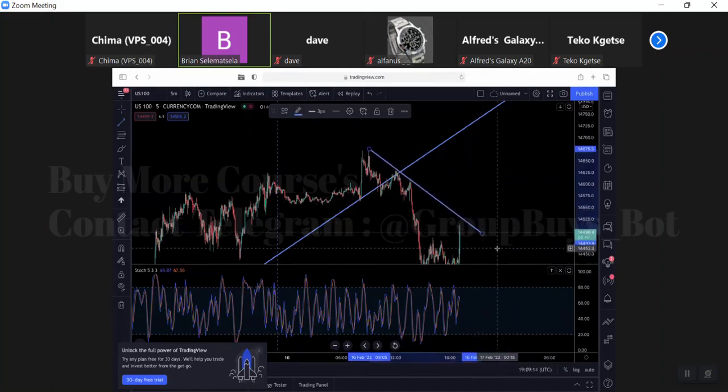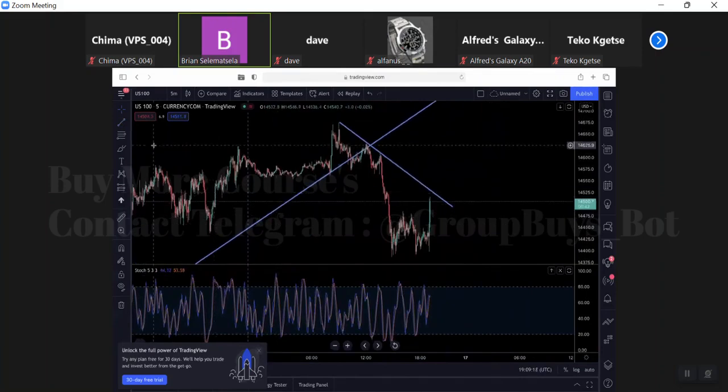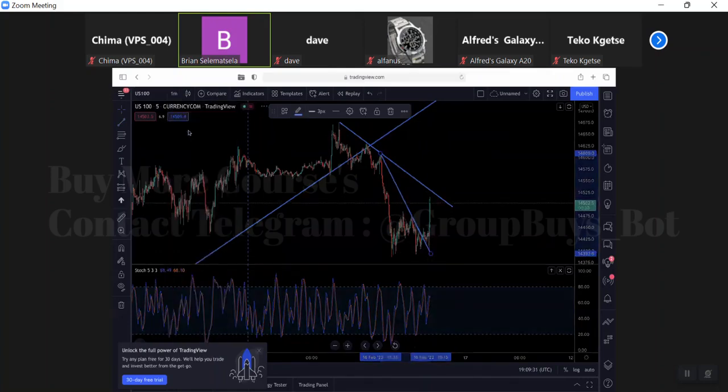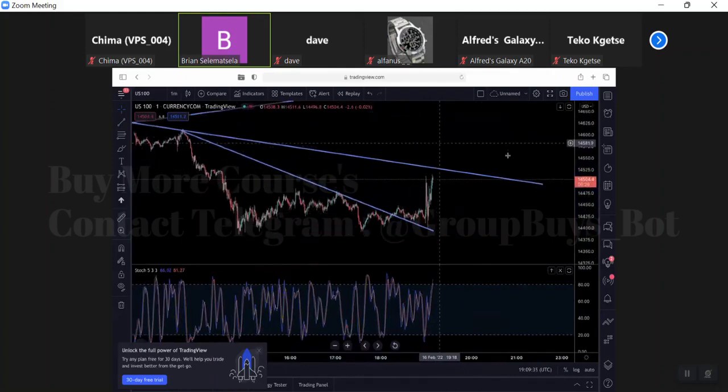Okay. So in this case, some could have used that one as a footprint, and some could have used that one as the first layer. And if you would have used that one as the first layer, of course, this will be time for you to be on the buy of this trade.